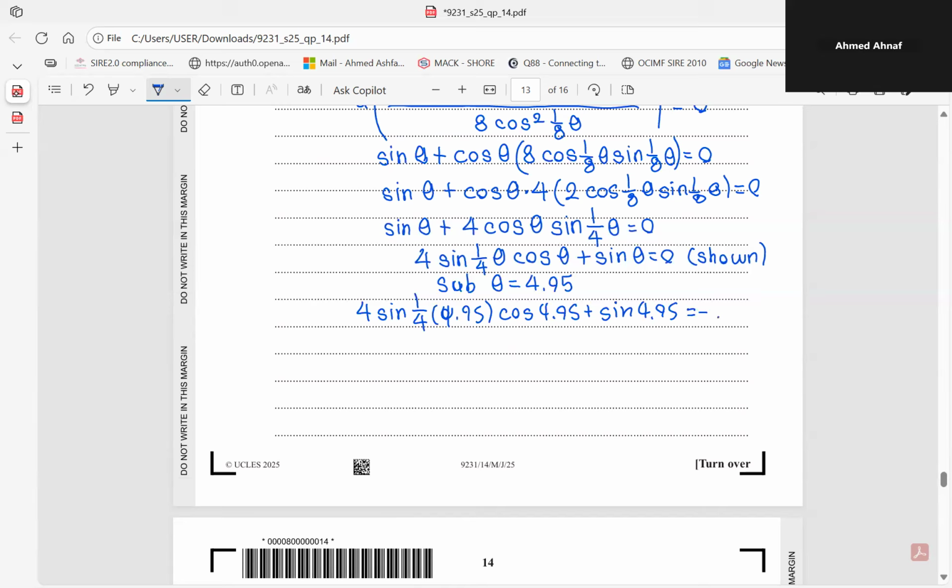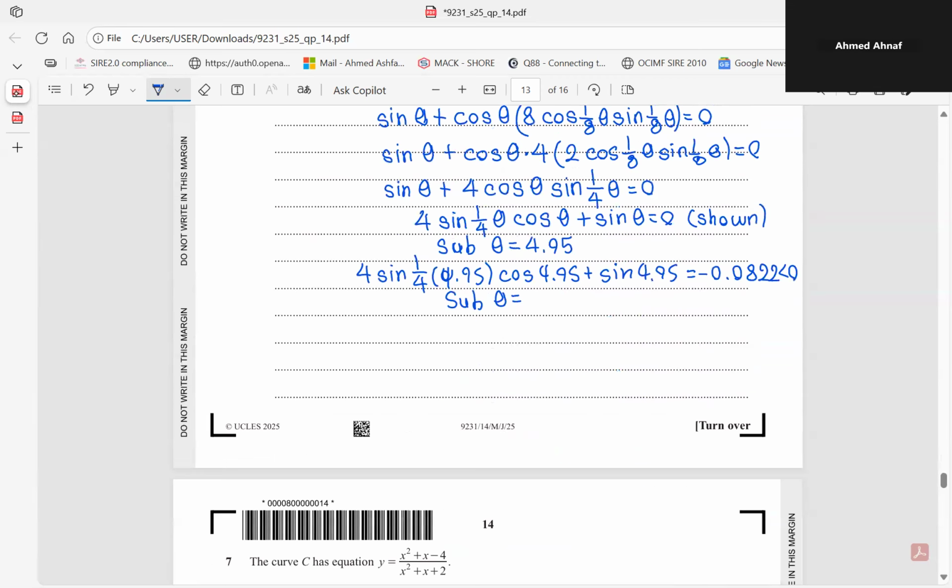You would get a negative value. Express it to 3SF. So just say 0 and also now substitute the second value, 5. So this is going to be 4 sine 5 over 4 cosine 5 plus sine 5. This is going to be 0.118. And this is more than 0.